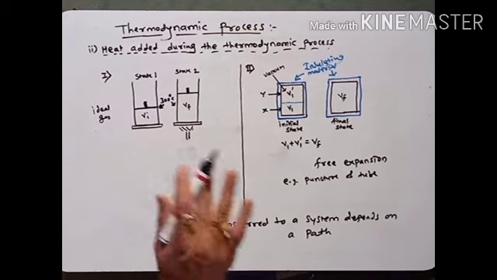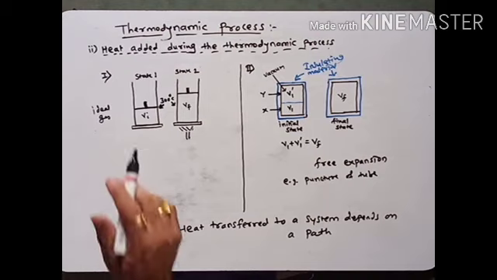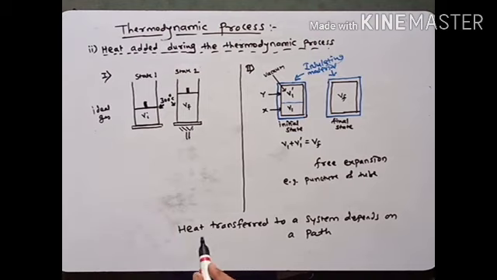That means, in this thermodynamic process, work done and heat transferred to a system depend on the path that the system follows. I hope you all understand all about this thermodynamic process. Thank you.